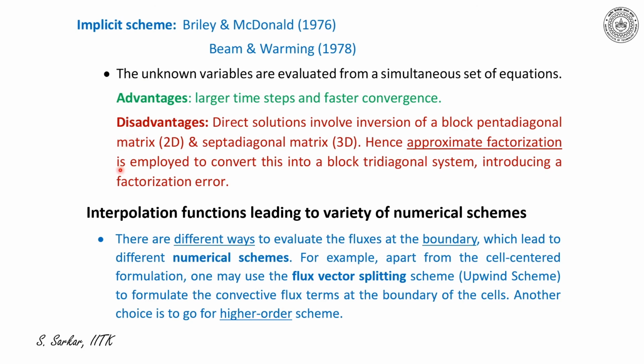Hence, approximate factorization is employed to convert these to a block tridiagonal system, introducing some factorization error. Thus, in an implicit scheme, there would be some error because of approximate factorizations.